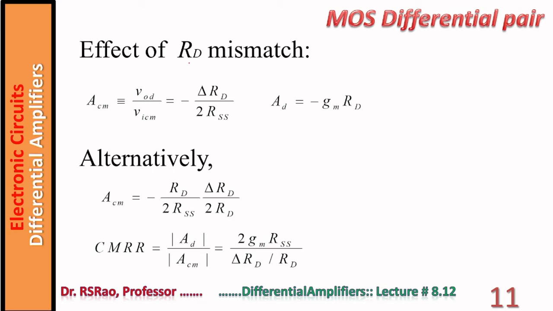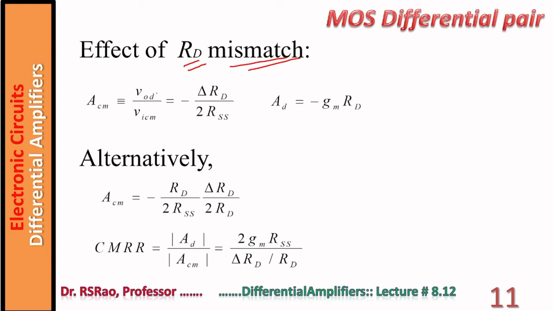A difference exists. It may be small, but a difference exists. Here we consider the effect of RD mismatch. Let us suppose RD is RD in one circuit and RD is RD plus delta RD in the other stage.